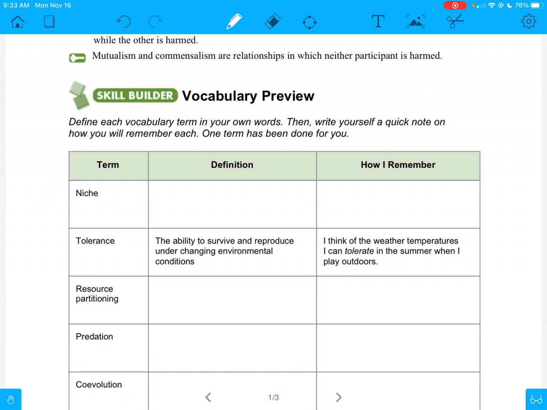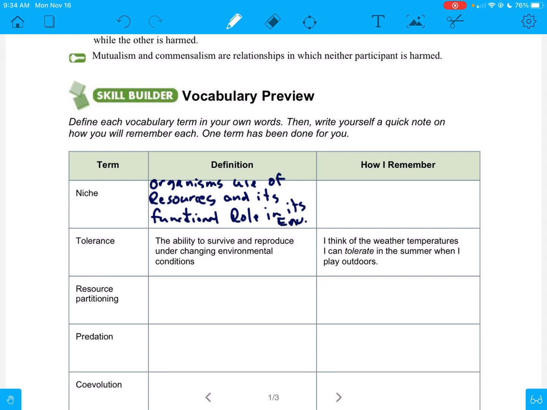So what is a niche? Well, it is an organism's use of resources and its functional role in its environment.